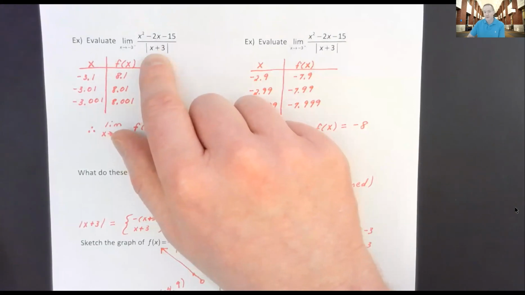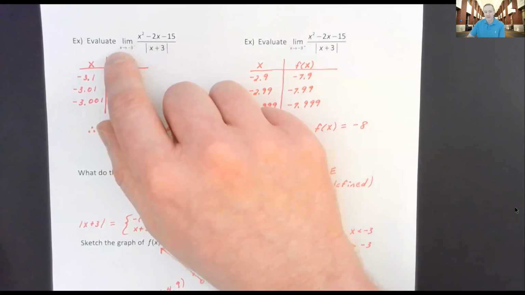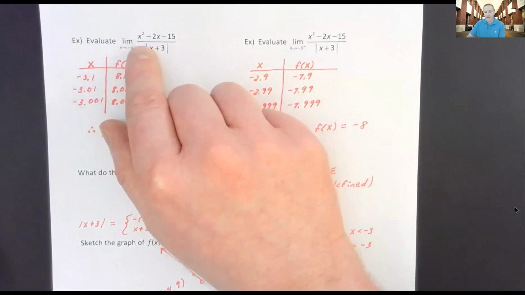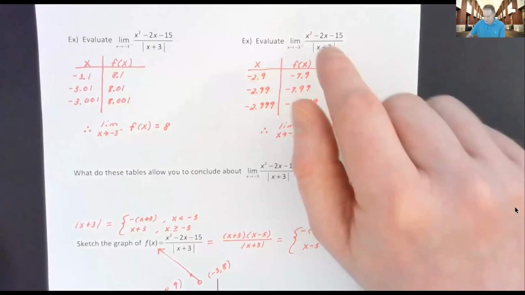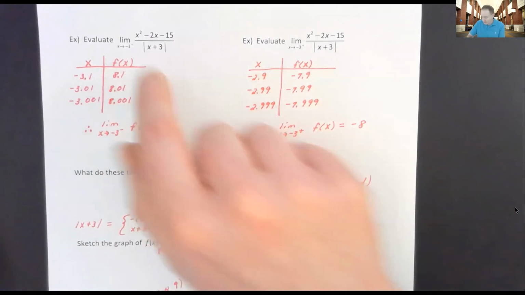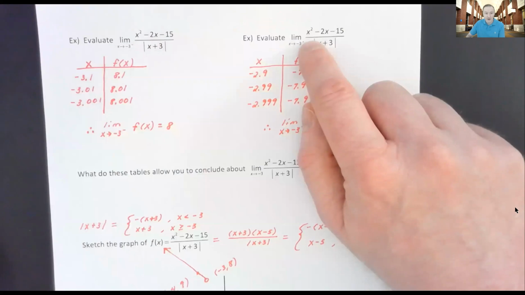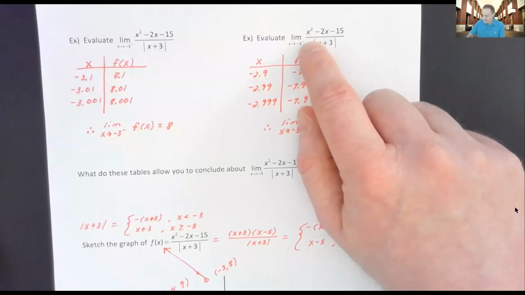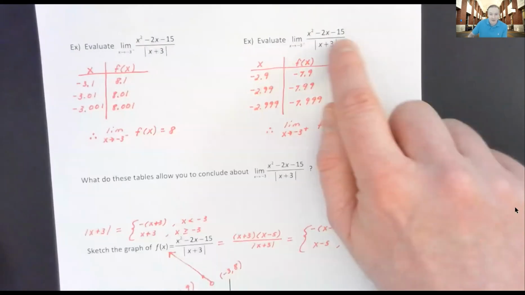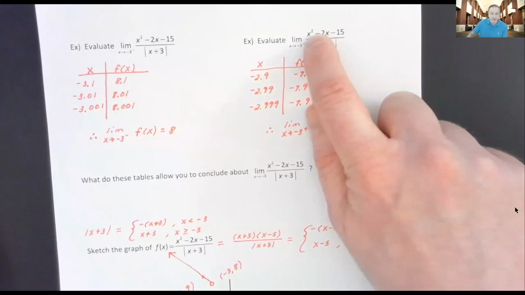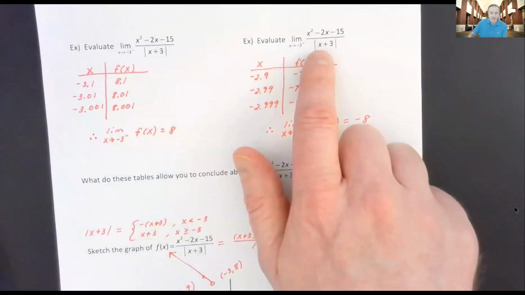I want to look at that function as I approach negative 3 from the left, and as I approach negative 3 from the right. Those fonts really did not show up well in this video, so please note that's a minus there, that's a plus here. So from the left, from the right.